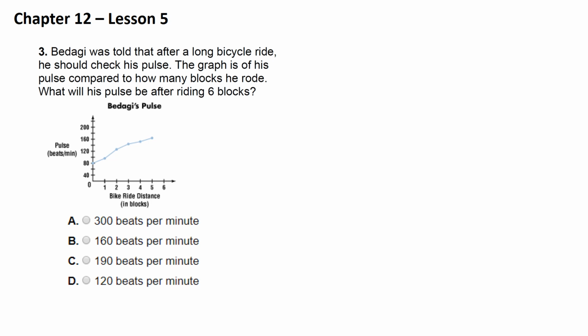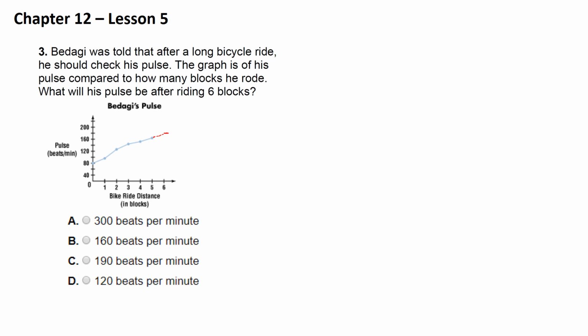Question 3. Bedagi was told that after a long bicycle ride, he should check his pulse. The graph is of his pulse compared to how many blocks he rode. What will his pulse be after riding 6 blocks? Now his pulse seems to be increasing, so I hope it doesn't get too much higher. That might be a bad thing.